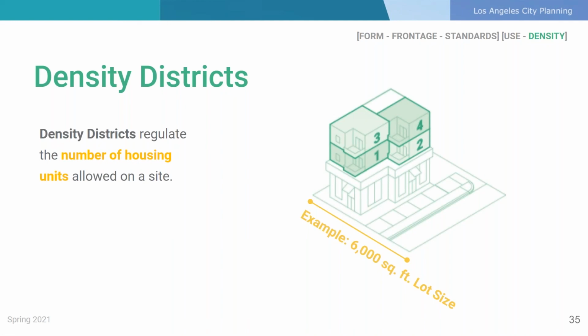For example, a fairly typical residential lot in Boyle Heights that is 6,000 square feet might have a density of 1 unit allowed per 1,500 square feet of lot area, which would allow 4 units on the site. This can be calculated by taking the lot size of a property and dividing it by the number of square feet of lot area required per unit, which is found in the density district.